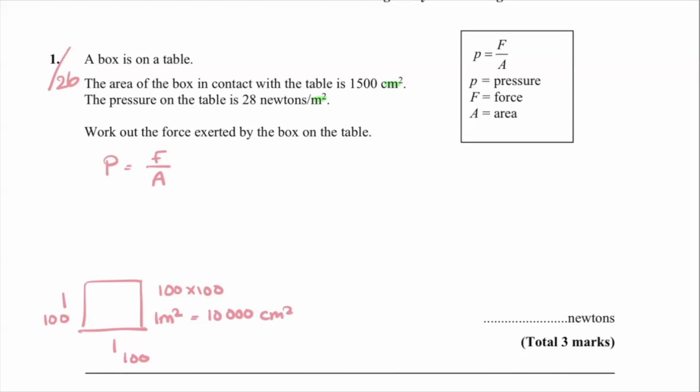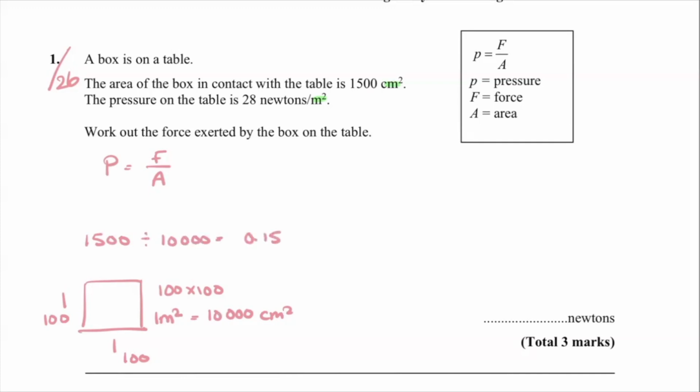That's our conversion rate. Most people, if they're going to go wrong, are probably going to divide by 100 because there's 100 centimeters in a meter. But we're not talking about the length, we're talking about the area, the space inside. So we are going to have to take our 1,500 in the question, divide it through by our 10,000 to get our area in meters.